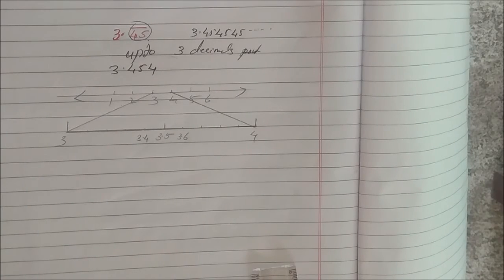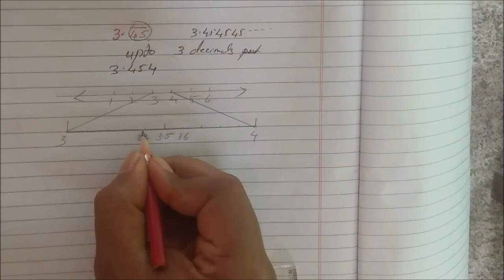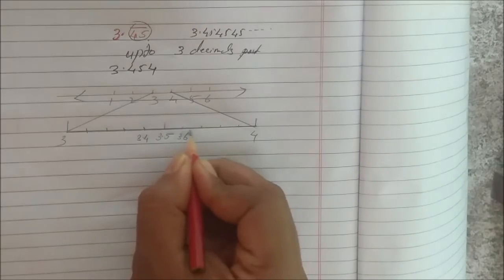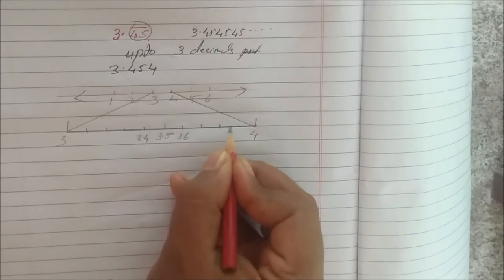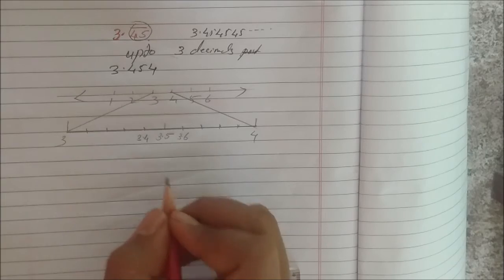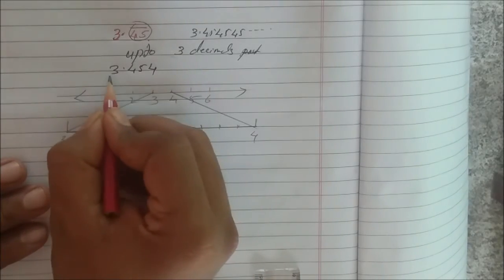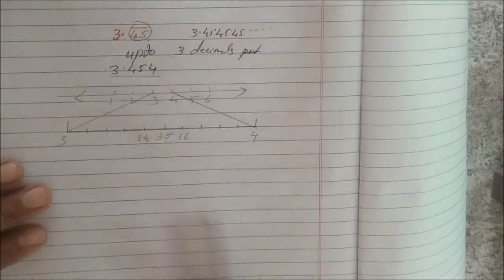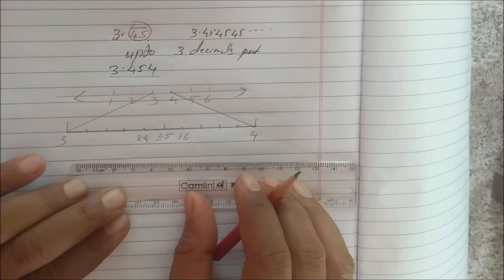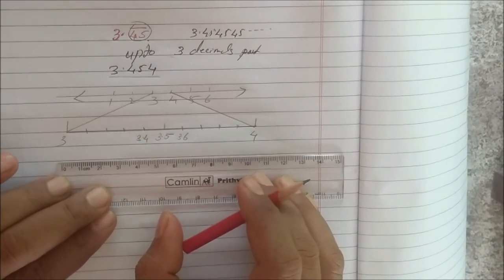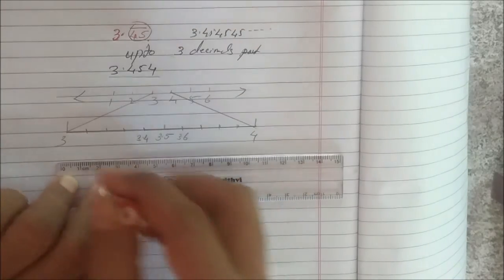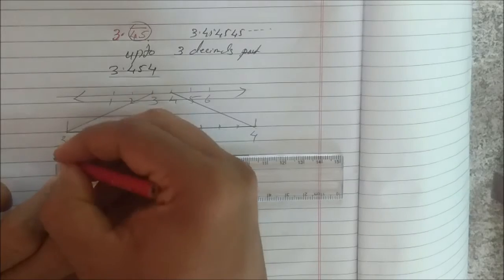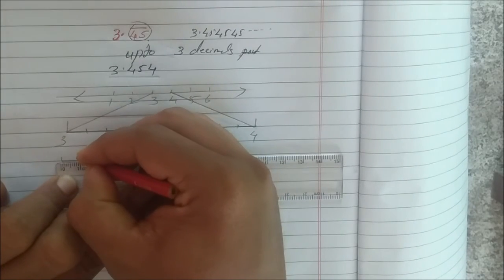I am not marking all the points, only the points that we need, to save time. So we know that it is between 3.4 and 3.5 because it is 3.45. Again we repeat the same step, drawing a 10 centimeter line and marking the points at 1 centimeter.